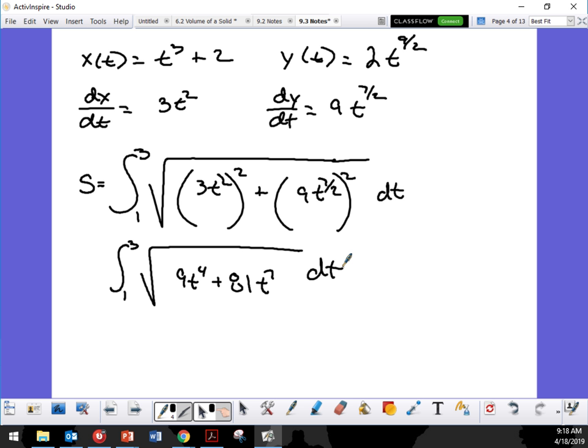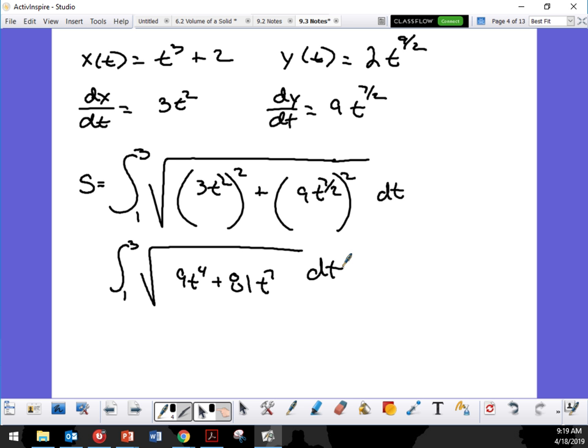Okay. Anything I could do with this? Nothing clearly is jumping out at me and saying, sub me, right? So it's all inside a radical, isn't it? Is there a perfect square amongst that I could take out? 9t to the 4th. Very good.